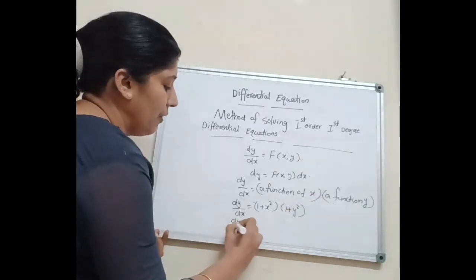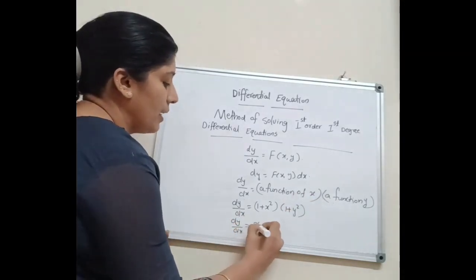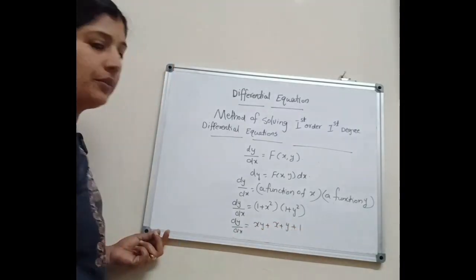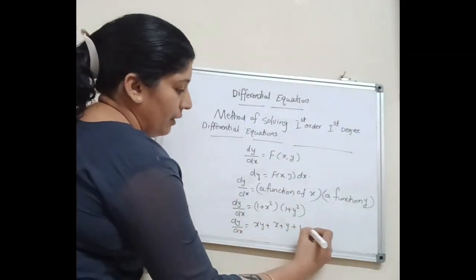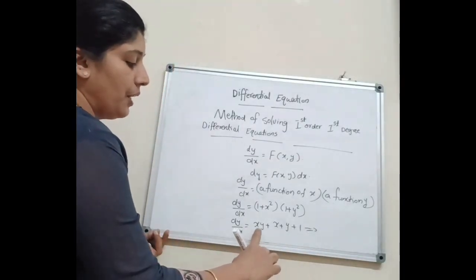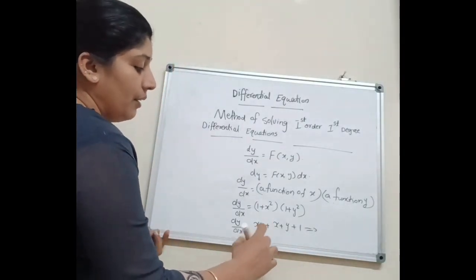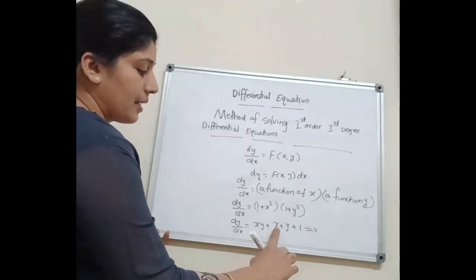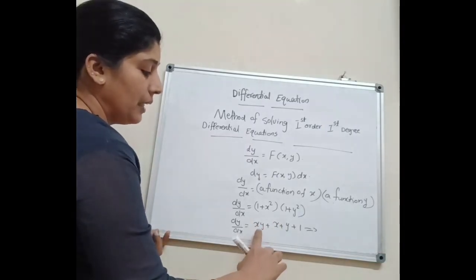Next, consider dy by dx equal to xy plus x plus y plus 1. Now how can we change this into a function of x into a function of y? First, in the terms xy plus x, we can group them.